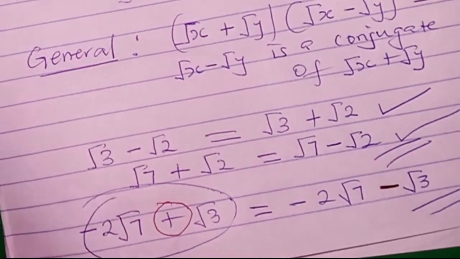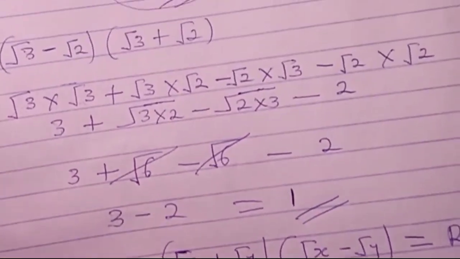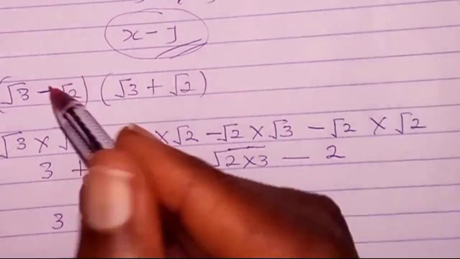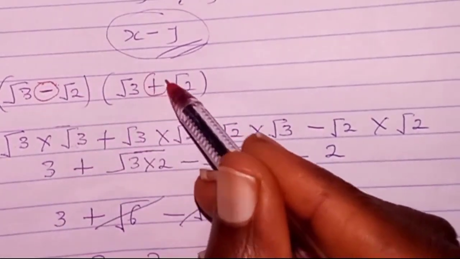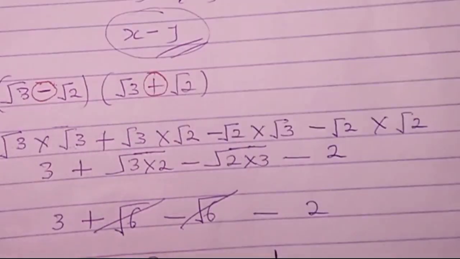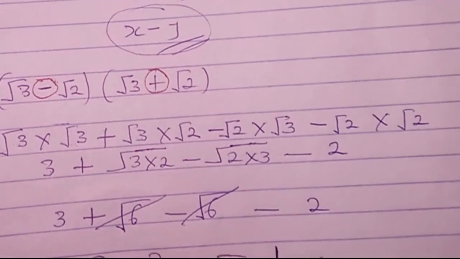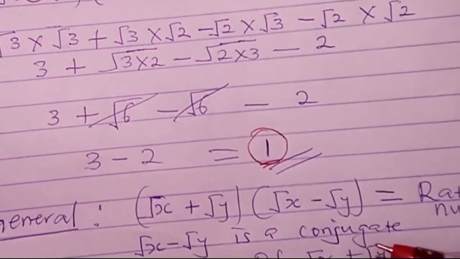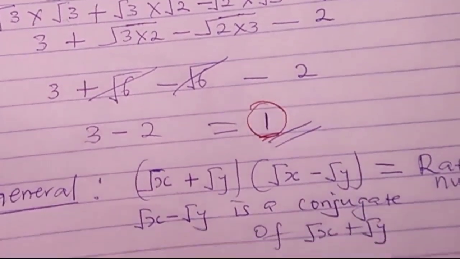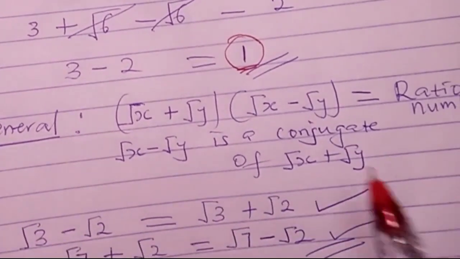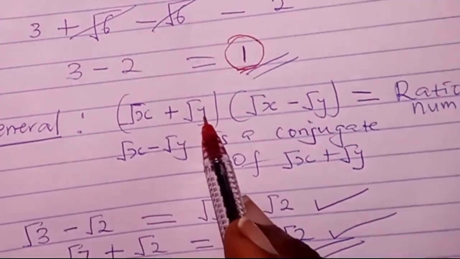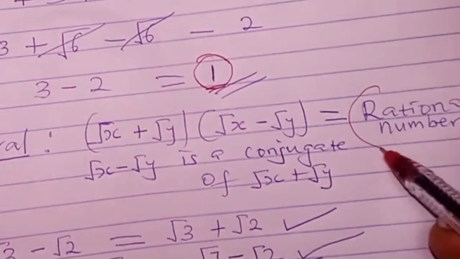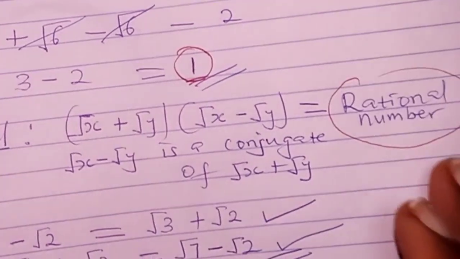In this lesson, we've looked at conjugate surds, and we noted that the only difference between them is the signs. When we multiplied out, it gave us a value of 1, which is a rational number. So we established that root x plus root y multiplied by root x minus root y results in a rational number.